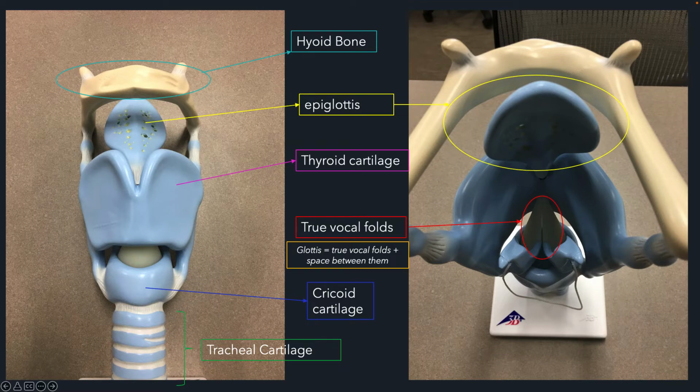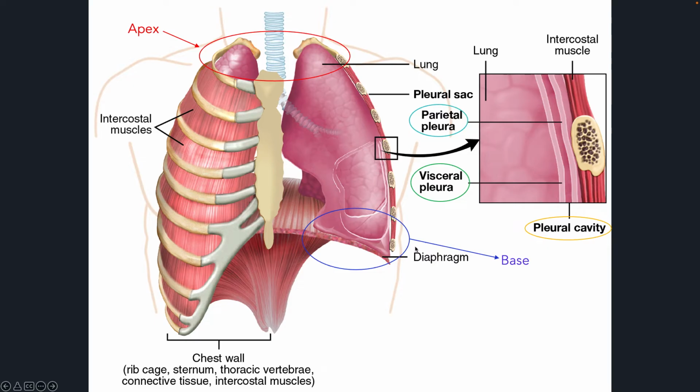So when you cough, it helps propel it back out. But the actual purpose of it is to help vibrations come from your trachea and your lungs to amplify into different tones and vocal acoustics. So true vocal folds or vocal cords, basically helping you speak and produce different sounds.